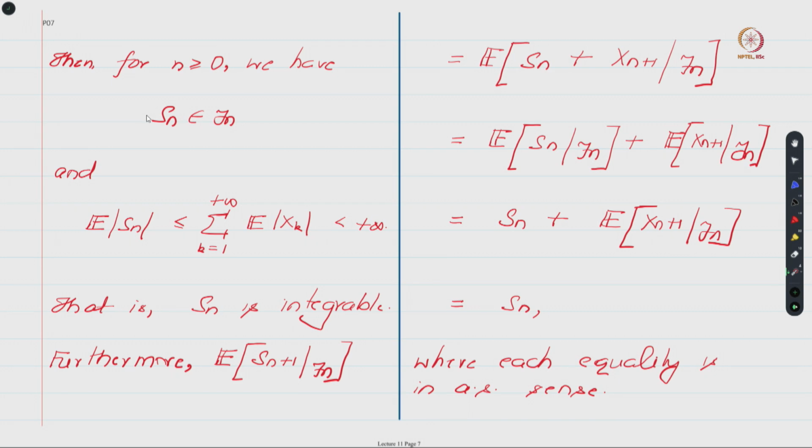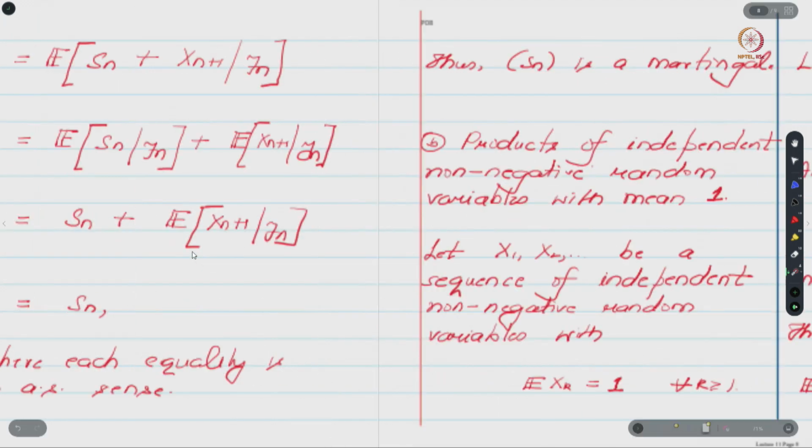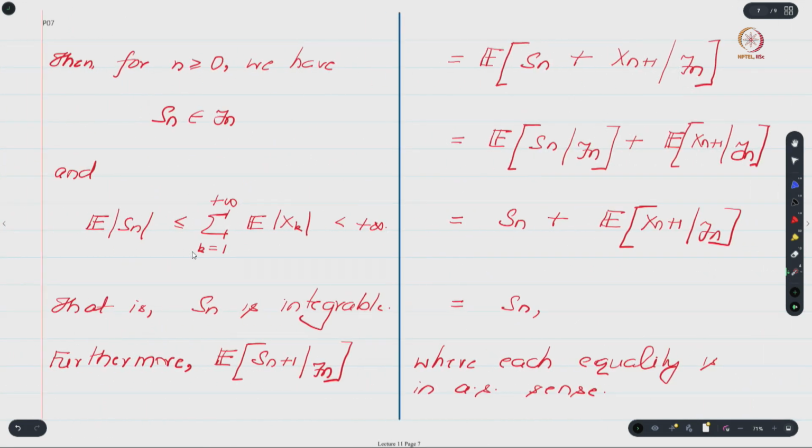Then from a property satisfied by the expectation, referred to as the triangle inequality, one can show that the expected value of |Sn| is upper bounded by the sum of the expected value of |xk|, where k goes from 1 to n. I made a mistake here, this should not be infinity, rather it should be n.